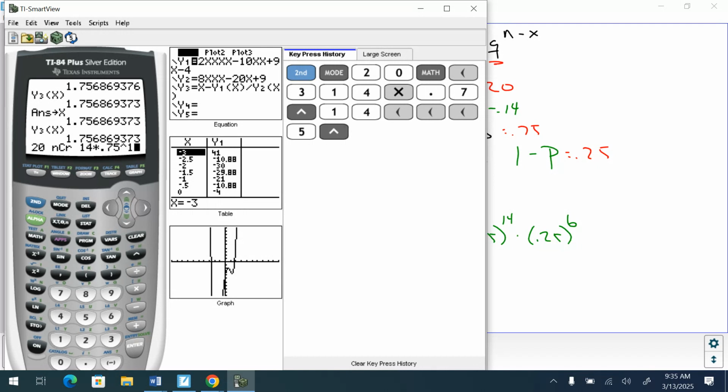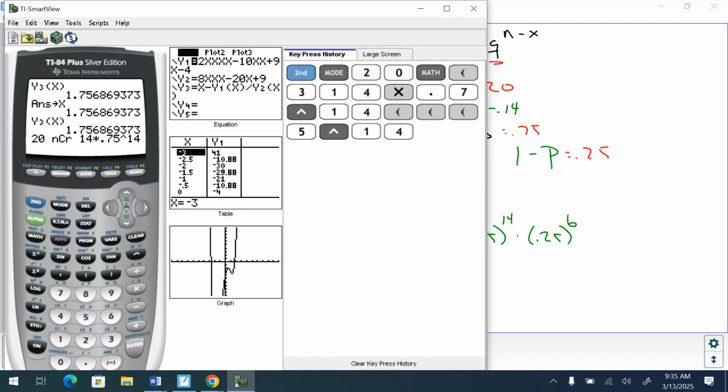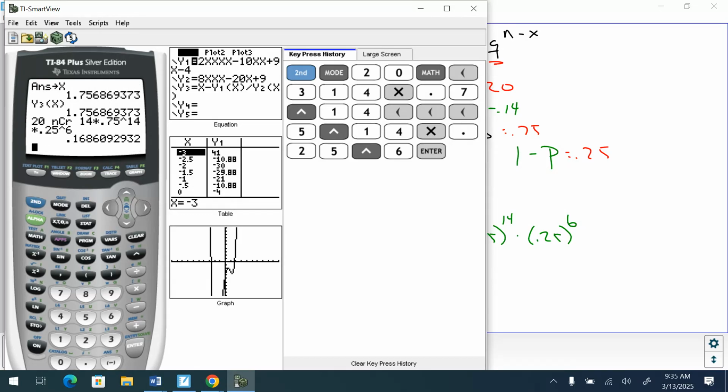To the 14th power times 0.25 to the 6th power. And you can type that all in, one big swoop, shebang. And you come up with your 0.1686.